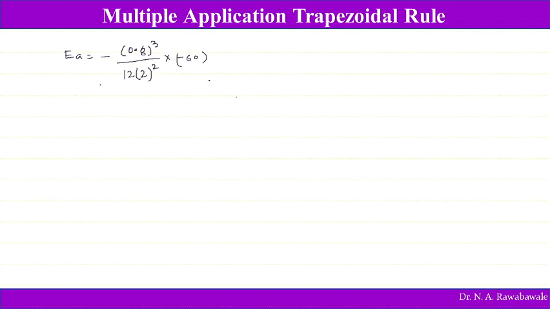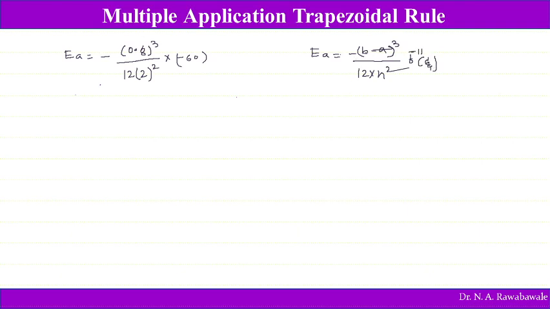This is based on this equation: approximate error Ea is equal to minus b minus a to the power of 3 divided by 12 into n square, into f double dash of zeta.